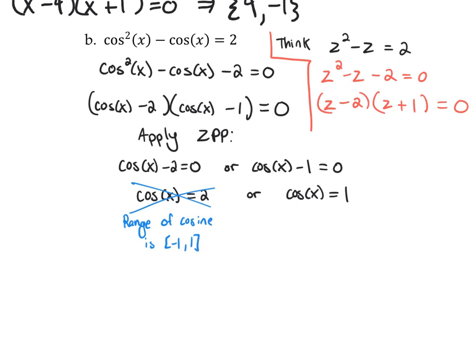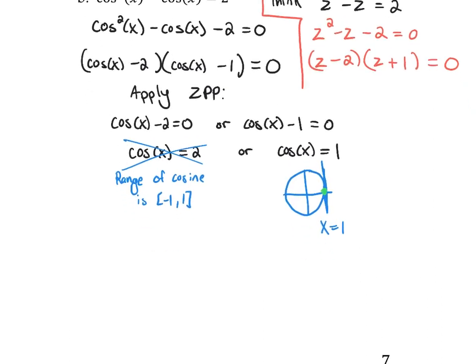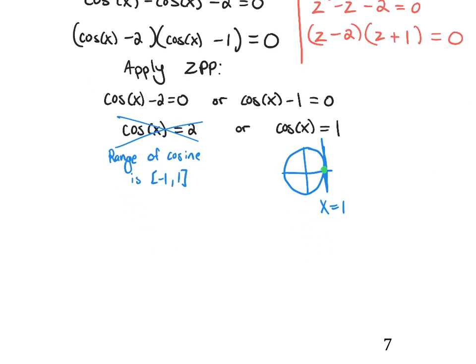But the cosine of x can equal 1, and the cosine of x is going to equal 1 right here at this line x equals 1, which notice that only intersects the unit circle in one place. Let's go ahead and practice writing both general solutions and particular solutions.